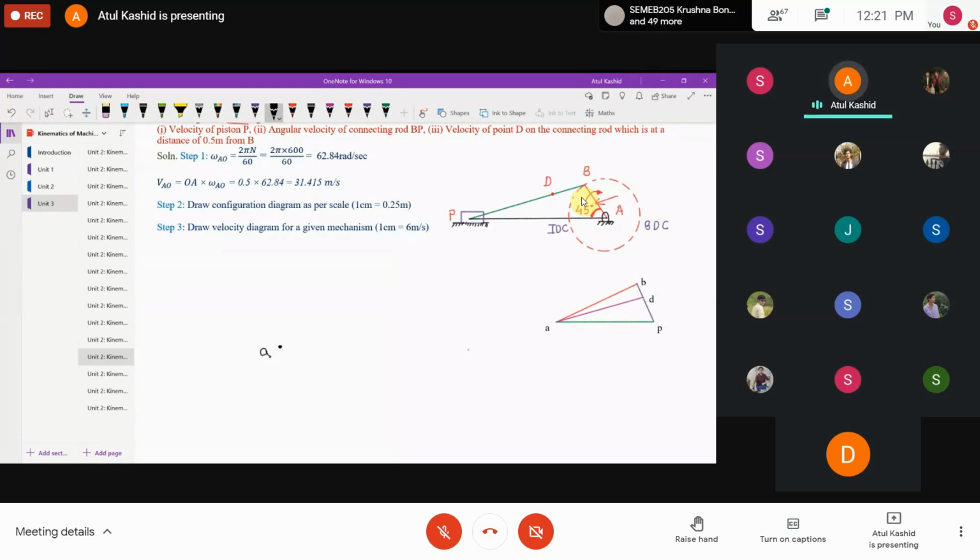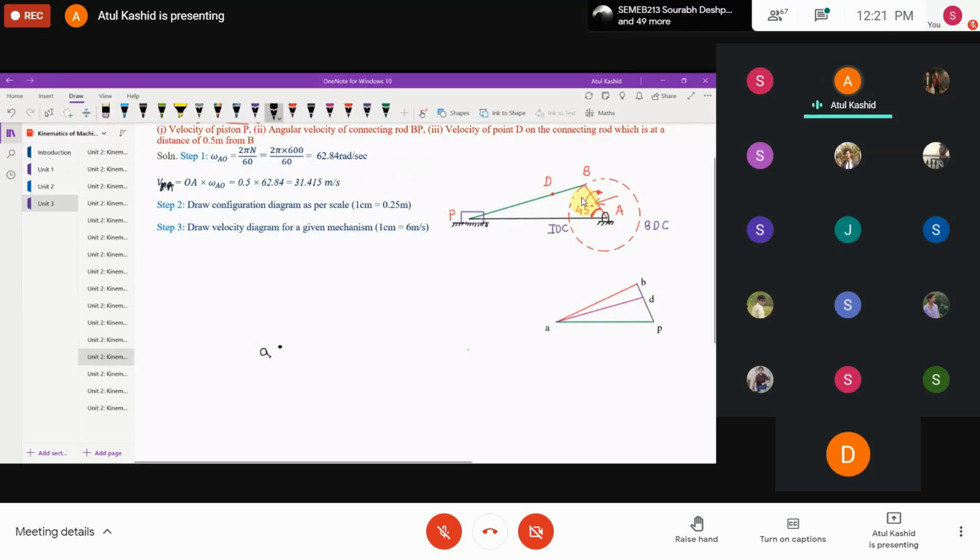So we are taking a scale of 1 centimeter equals 6 meter per second, because for the velocity of B with respect to A, the value we are getting is 31.415 meter per second, right? So this we can take with the help of a scale.